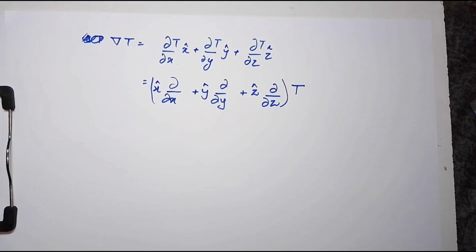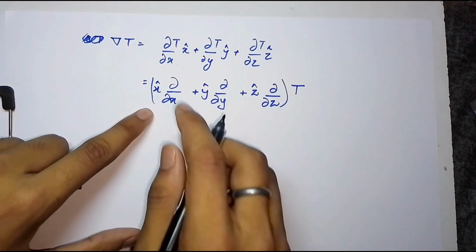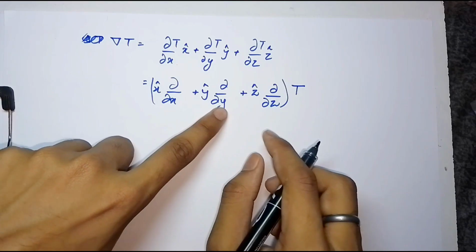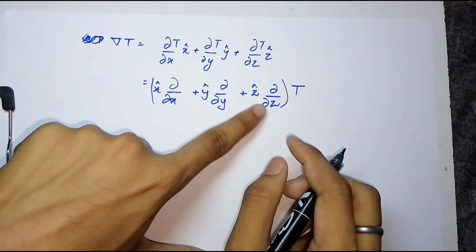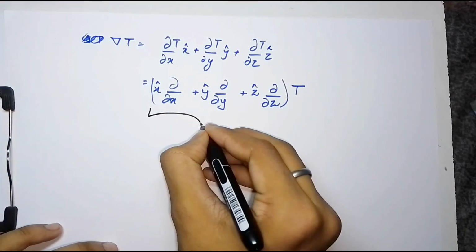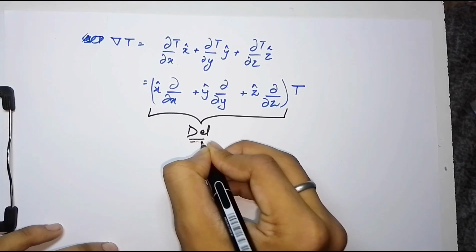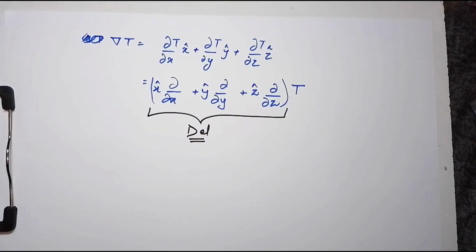Now this thing which is written in the bracket, x cap d upon dx plus y cap d upon dy plus z cap d upon dz, this entire thing in the bracket is known as the del operator, and we use this del operator in different ways to give us different ideas about a particular vector or a scalar function.